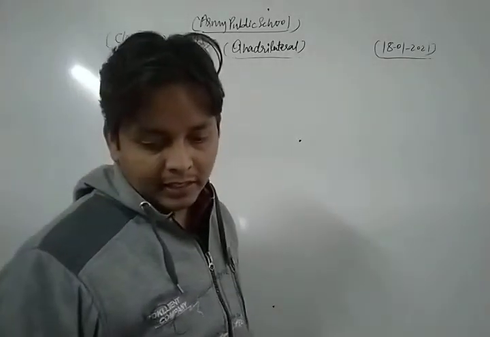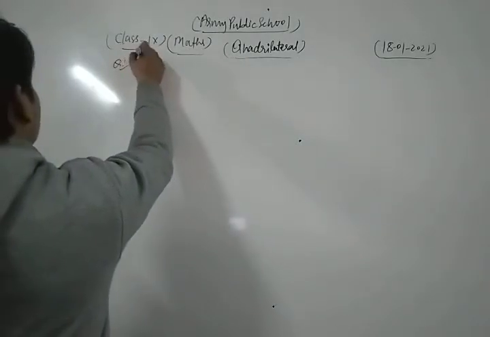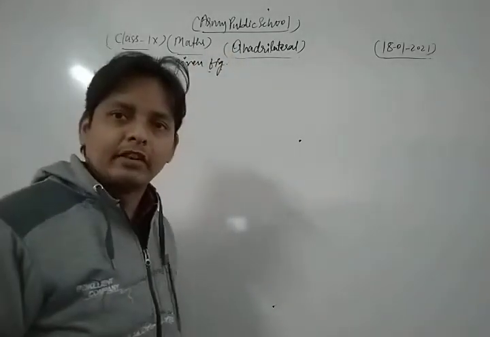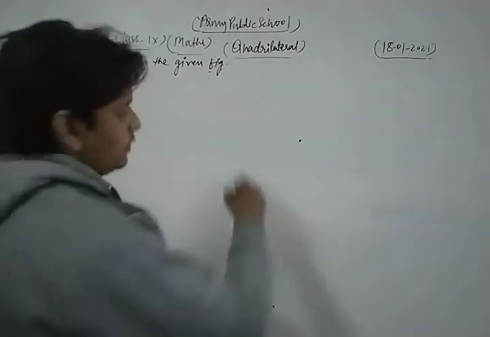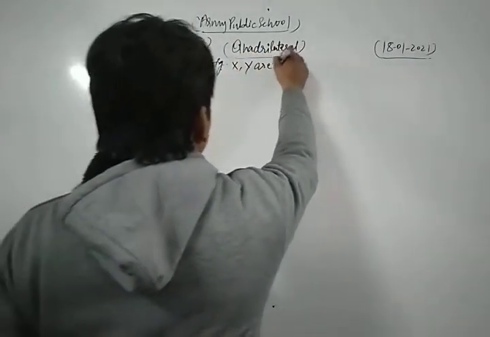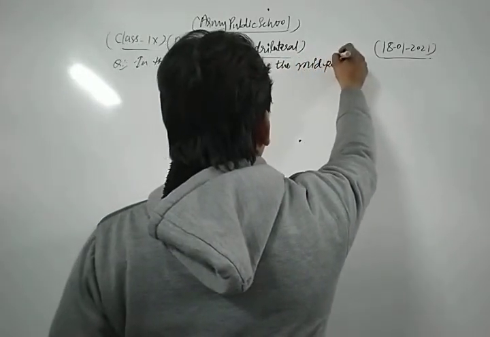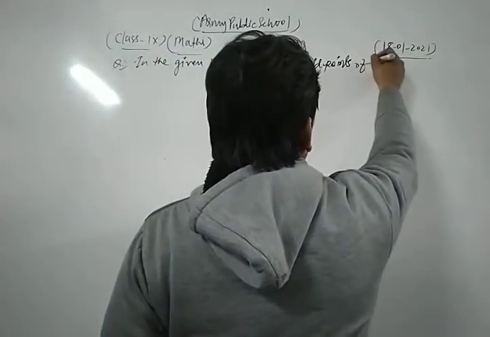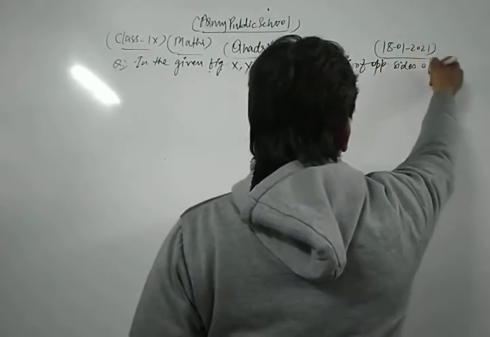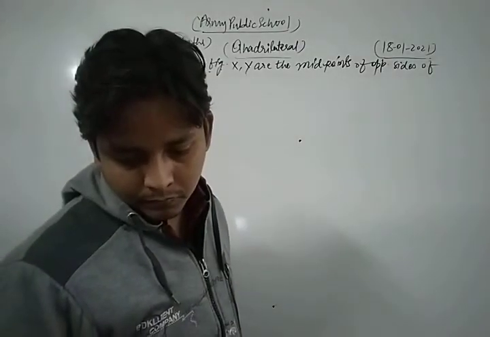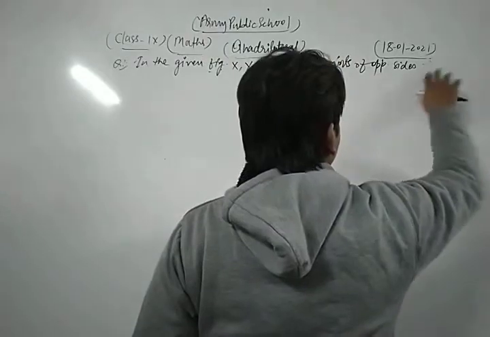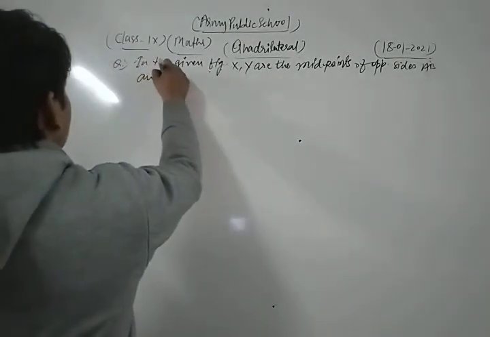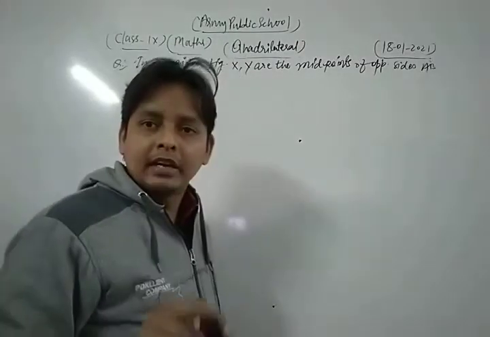Let's see, dear students, in the given figure, the question is: X and Y are the midpoints of opposite sides AB and DC of a parallelogram ABCD.